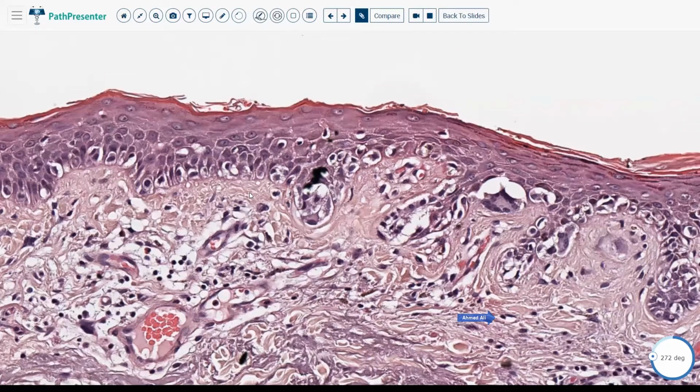The other thing as well, I just told you a minute ago, in actual fact, if you get a cancer diagnosis with this pagetoid spread, you will then need to excise with a wide safety margin.